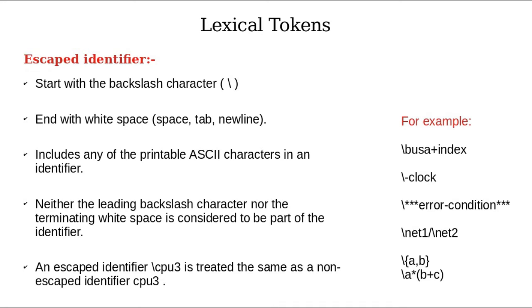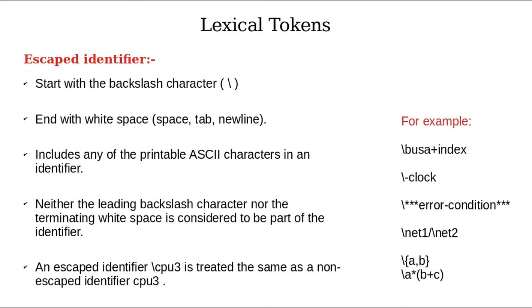Escaped identifiers start with a backslash character and end with white space, a tab, or a new line character. It can include any ASCII character in an identifier. Neither the leading backslash character nor the terminating white space is considered part of the identifier.